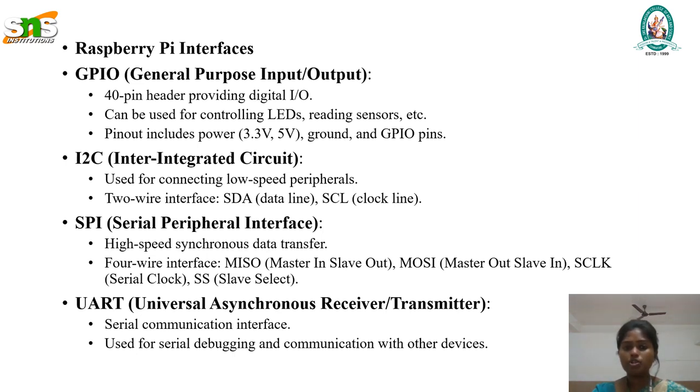MISO means master in slave out, MOSI master out slave in, SCLK is serial clock, and SS is slave select. UART means universal asynchronous receiver and transmitter, a serial communication interface used for serial debugging and communication with other devices.